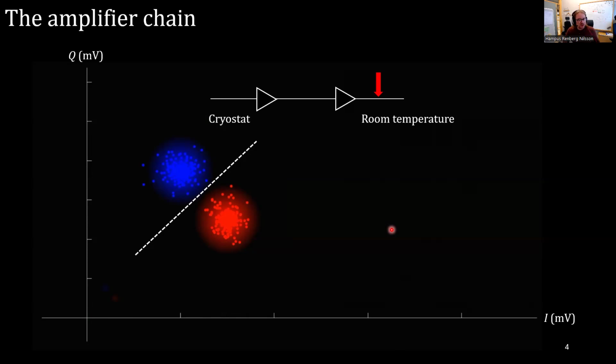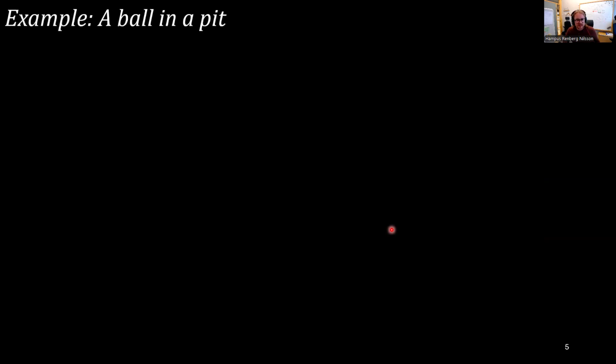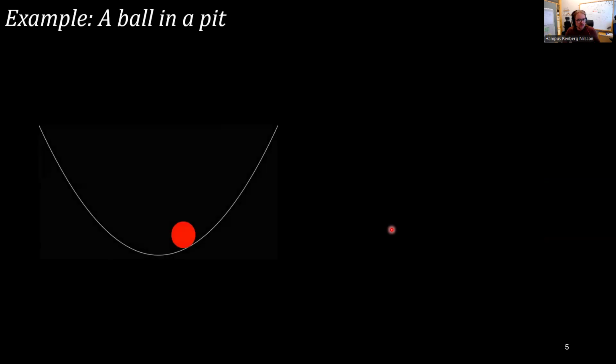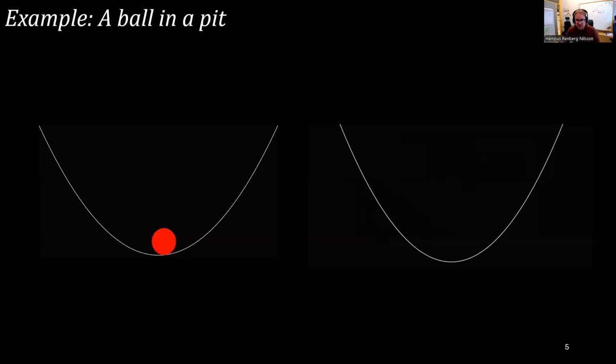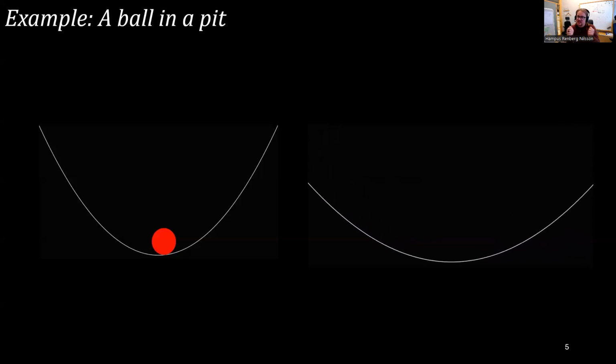And to give an example of what a parametric amplifier is, let's take an example where we imagine a ball in a pit. And this ball is the signal that we want to detect. And now imagine that this ball oscillates with so tiny oscillations that we can't detect it. But now imagine that the pit in question, that we can change the curvature of it like this.